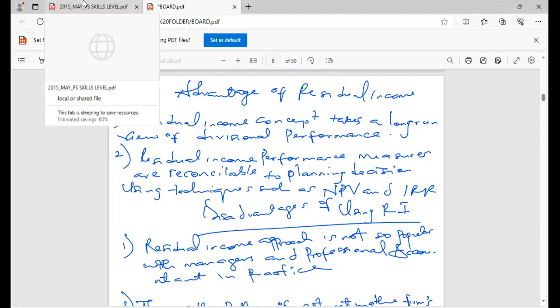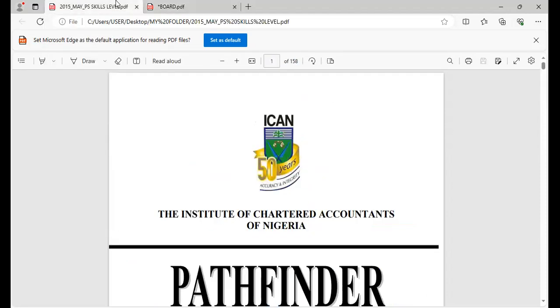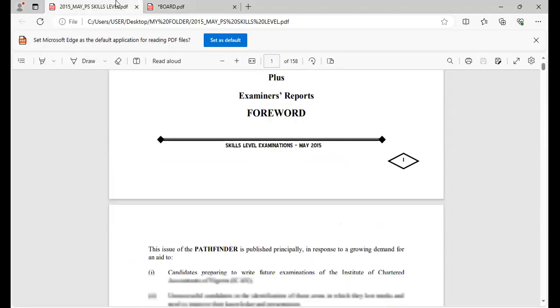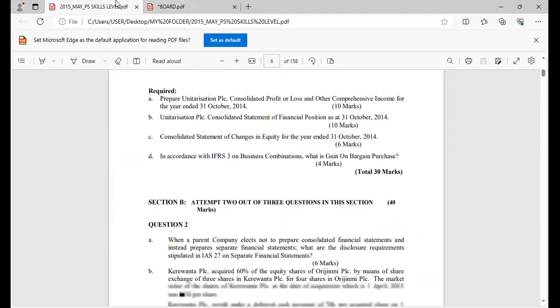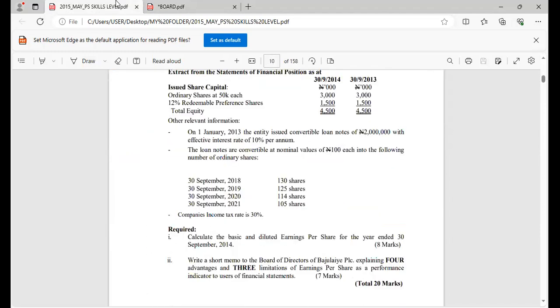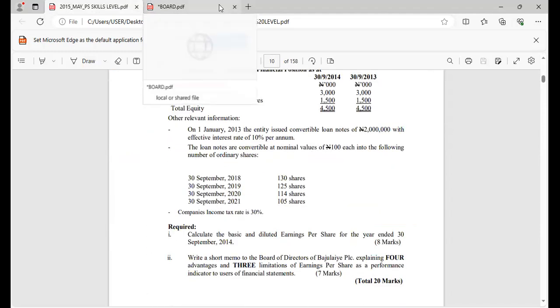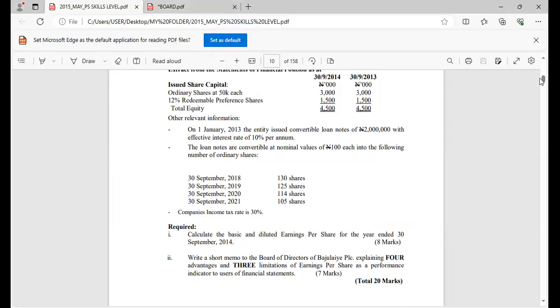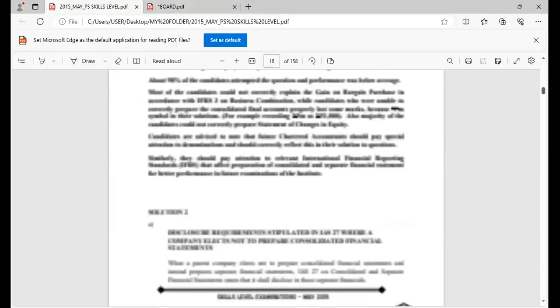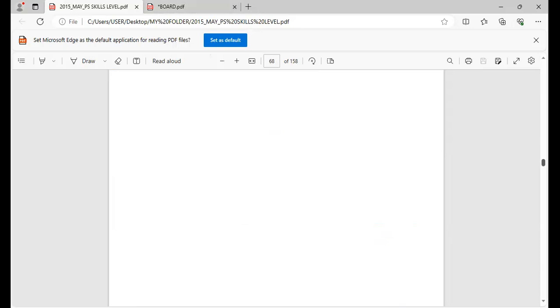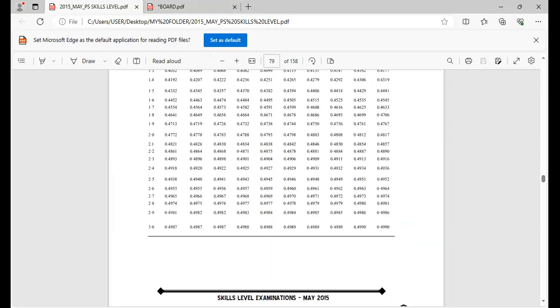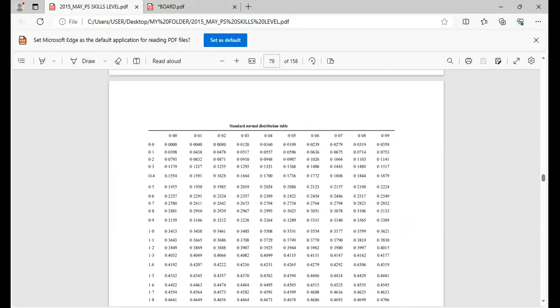Yes, it is. 2015, Pathfinder, May 2015. Let's look at question 5. May or November?